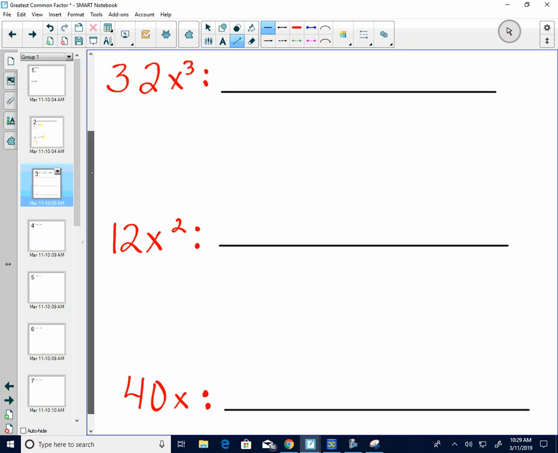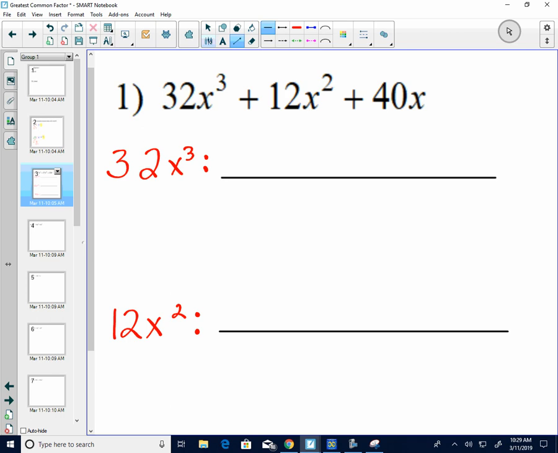All right, so when I'm looking at 32, I'm looking at what can I multiply to get 32? Well, one easy thing is it's an even number, so I can always just divide it by 2. So 32 divided by 2 is 16. So I can do 2 times 16 and get 32. Well, 16 is an even number, so I know I can do 2 again. So 2 times 8 gives me 16. So 2 is a prime number because it can only be multiplied by 1 and itself to get the answer.